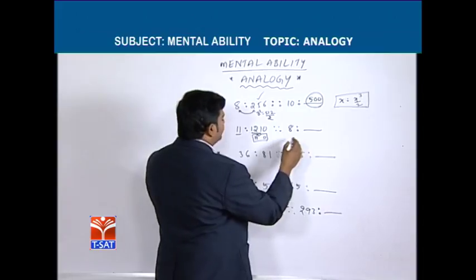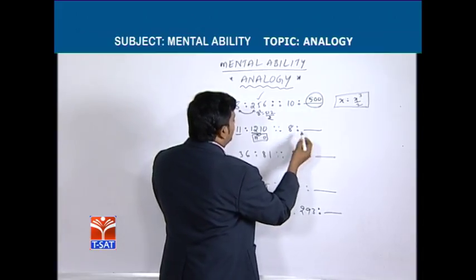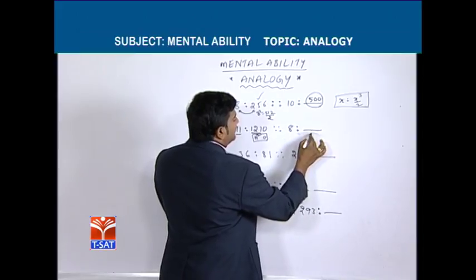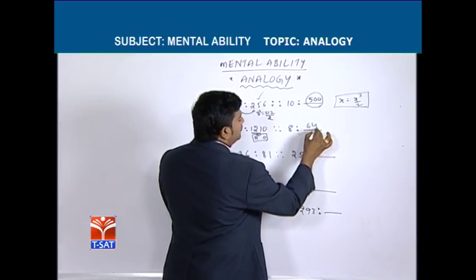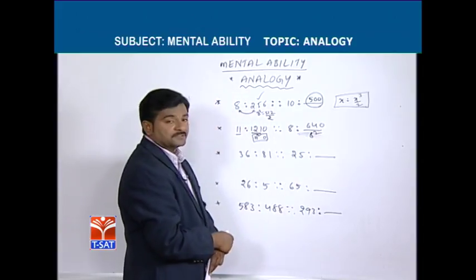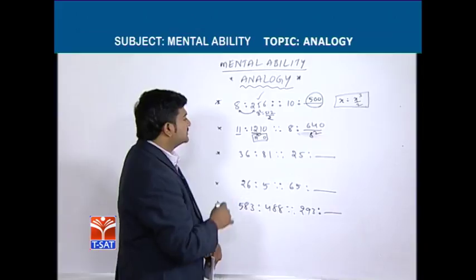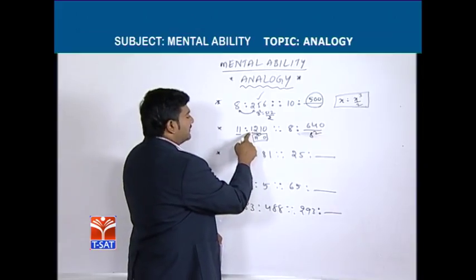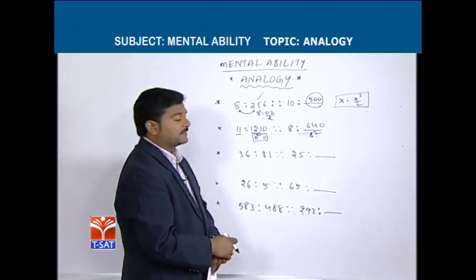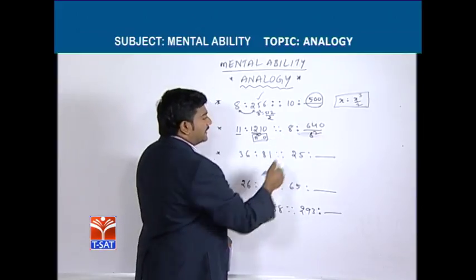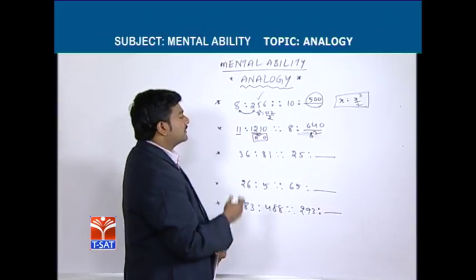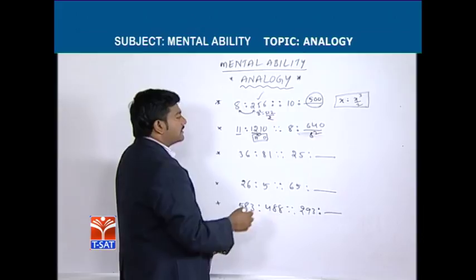Now what I have to do for 8? 8 square means 64 we can take. I need to keep the 0 beside the square of 8. That is one way. 11 means 11 square with 0 kept beside it. Similarly 8 means 8 square, again keeping 0 beside 64. So I am getting 640 as the answer.